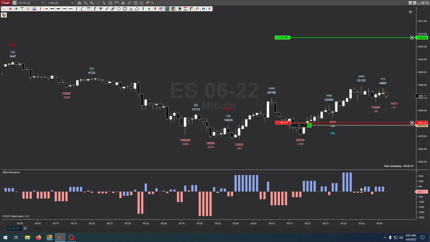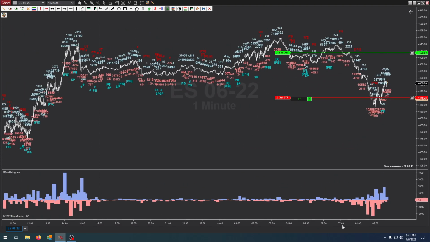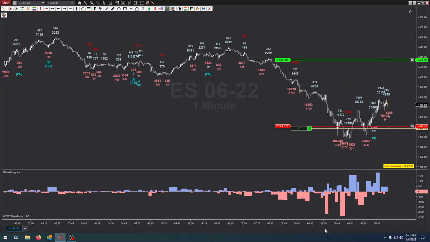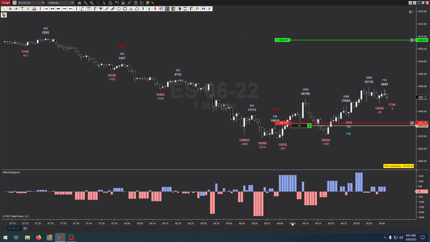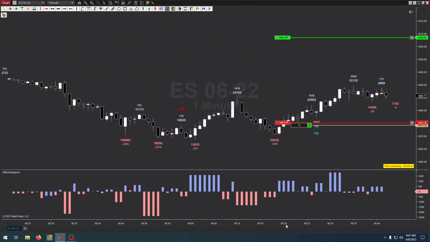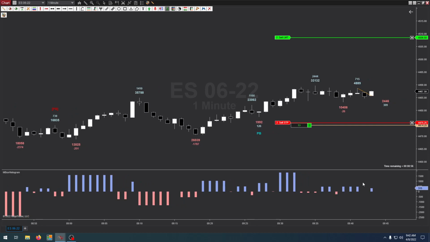We have a little bit of demand coming, but not much. I was just looking at the demand and supply levels throughout the night. Positive volume delta here on the 1 minute. We have a little bit of demand come back in. Everything's kind of slowed down here.